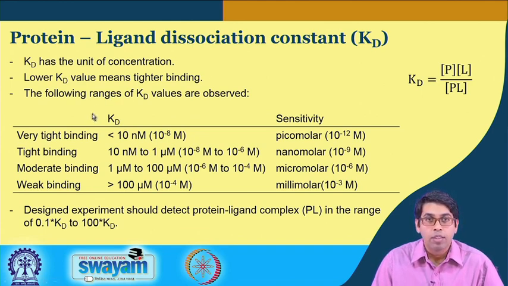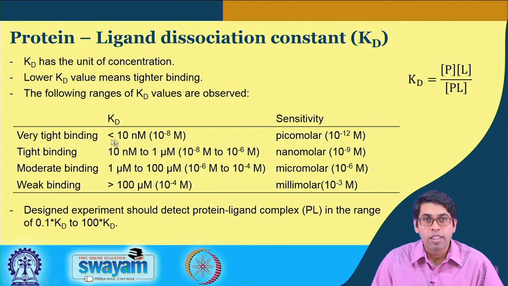Okay. So, the range of Kd values that are observed in different biological systems can be divided into these 4 groups. So, I have tried to summarize this into a table. One is very tight binding, then tight binding, moderate binding and weak binding, and the typical ranges for each of these are given in the second column.